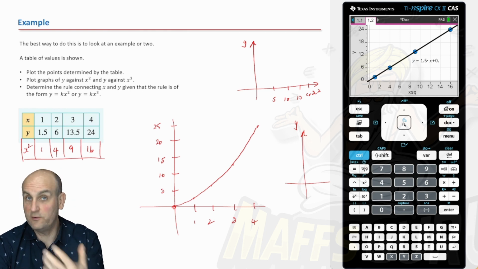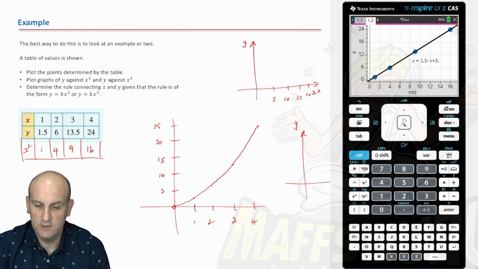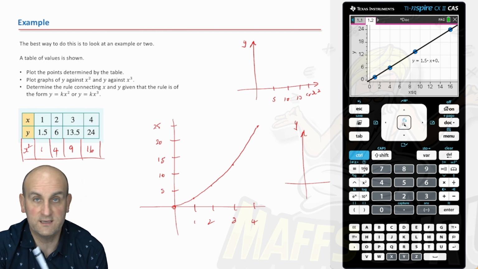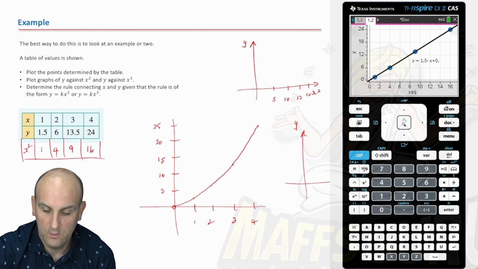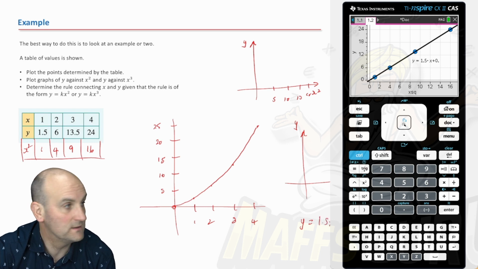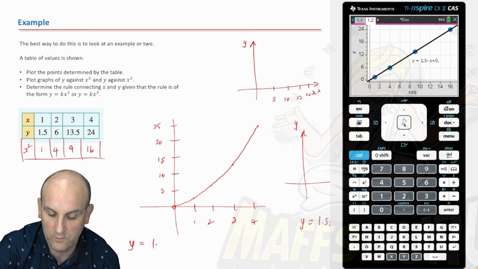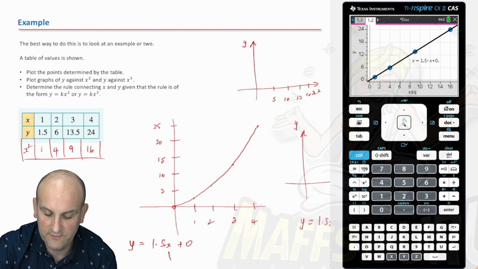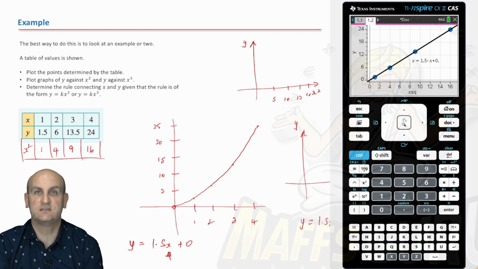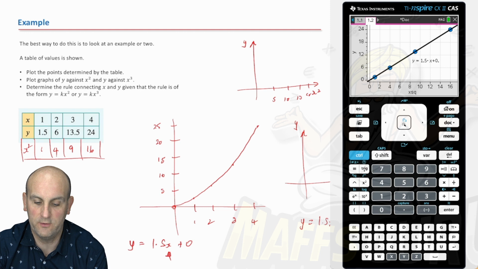Now, just because we've been tricked on this before, let's not be tricked. Although the equation on that screen is saying y is equal to 1.5x plus 0, let's write it down. Y is equal to 1.5x plus 0. Remember, this value of x isn't x, it's x squared, because that's what we've plotted on the bottom.